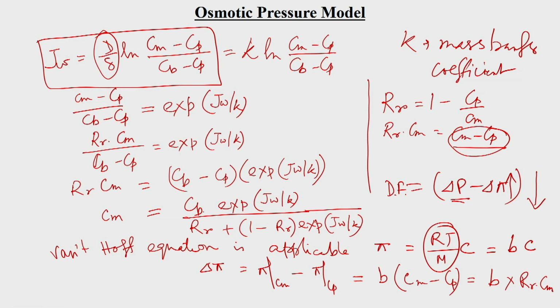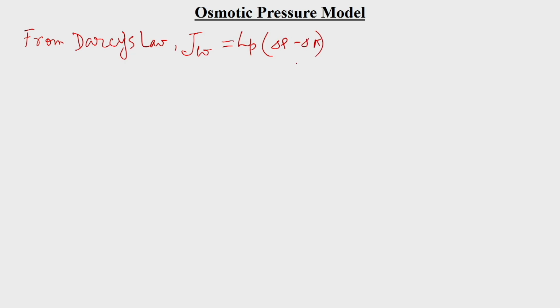Now, we know from Darcy's law that Jw, the water flux, is equal to Lp into delta p minus delta pi. That will be nothing but Lp into delta p minus B into Cm into Rr. Okay. So, now we will put the values of Cm and Rr in this equation.